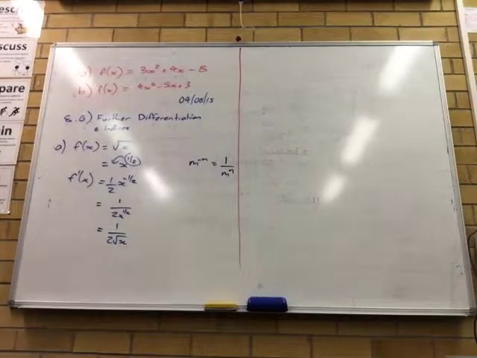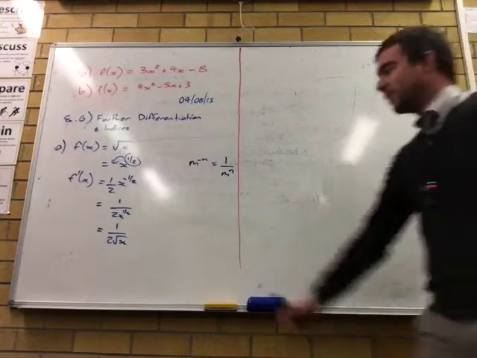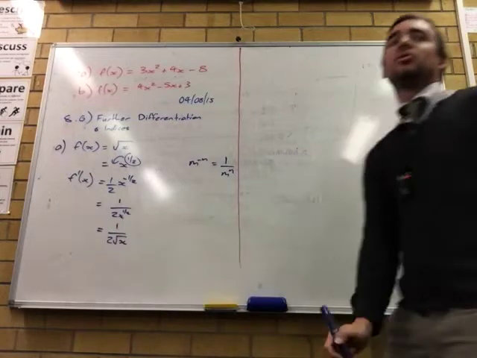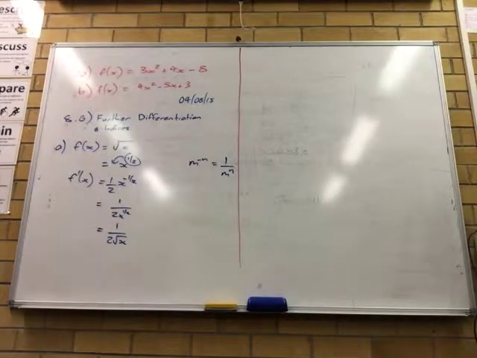If I had to draw the graph of square root of x, and we'll cover that in our functions and graphs, if I take the point where x equals 4, what's the gradient of the tangent? 1/4. Right, so what's the square root of 4? 2. 2 times 2 is 4. So the gradient of the tangent at that point is going to be 1/4 at x equals 4.